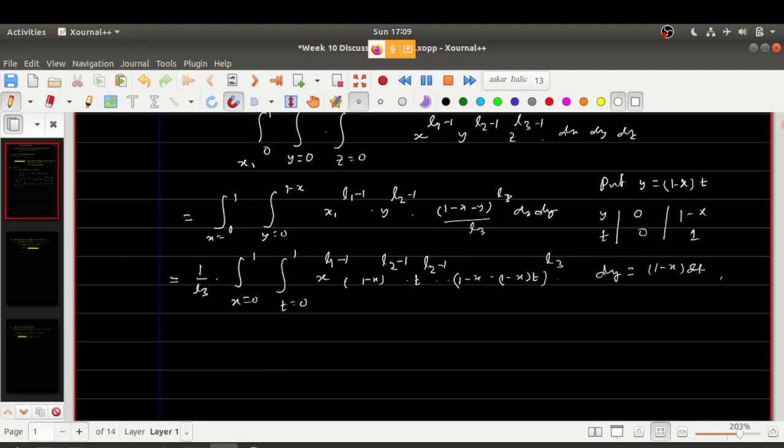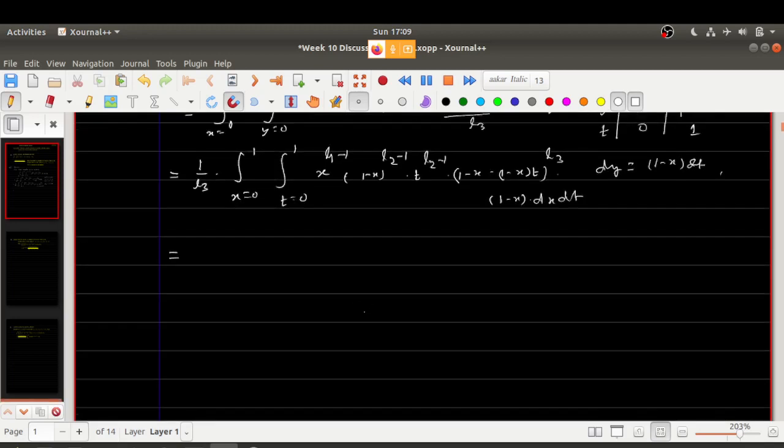Corresponding to dy, there will be one more term, and that is 1 minus x dx dt, and I have already written 1 by L3.